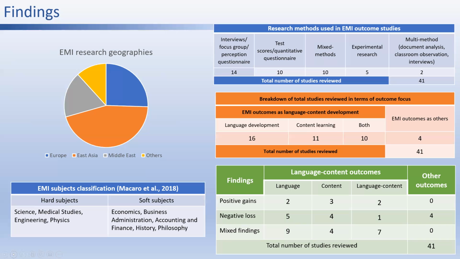Test scores or quantitative questionnaires account for 10, and another 10 used mixed method design. Experimental research has 5, and multi-method, including document analysis, classroom observation, and interviews, has only 2 studies.